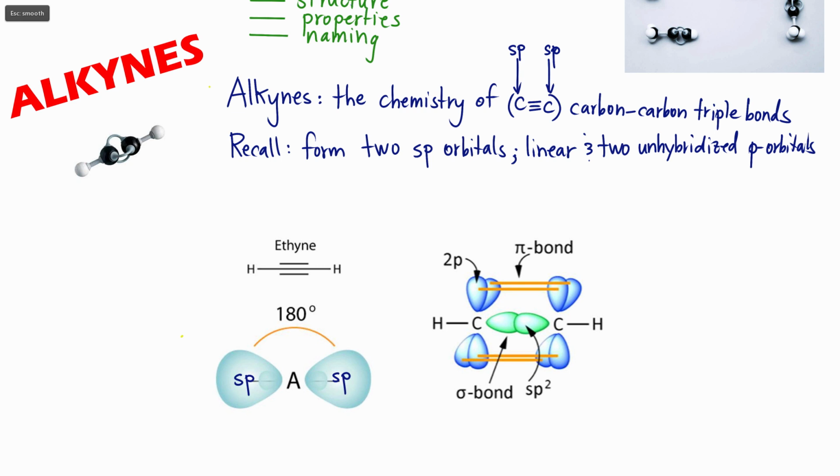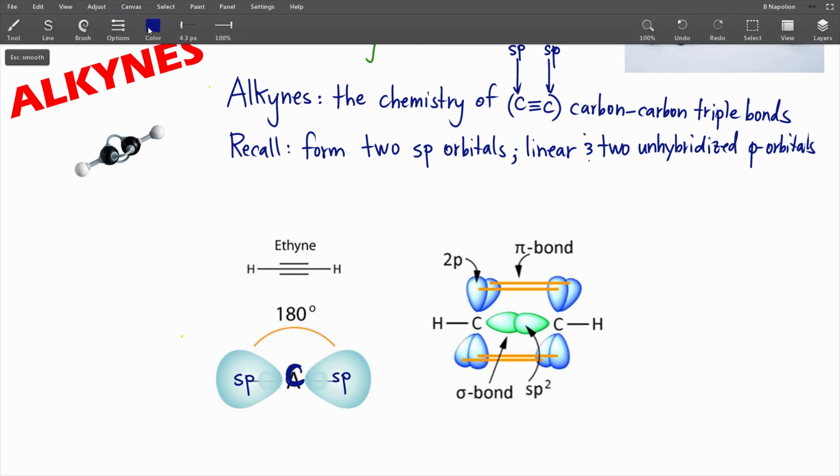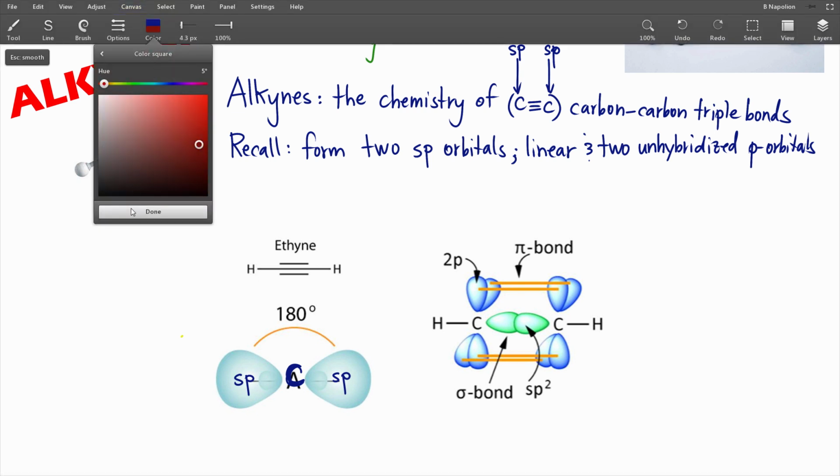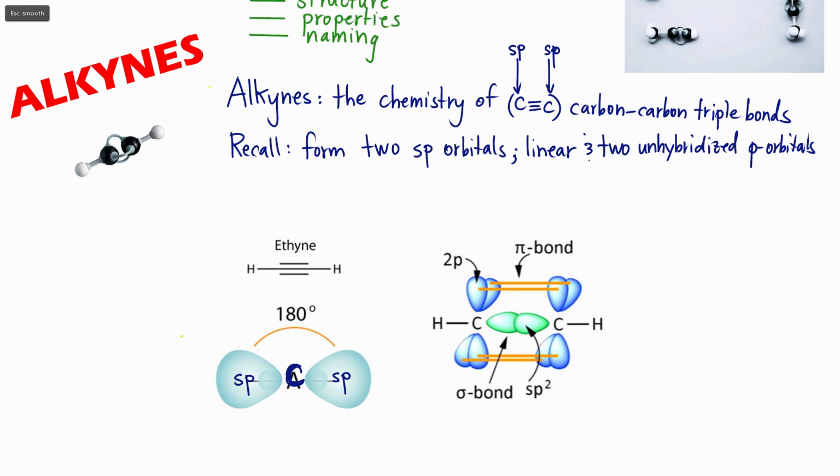We're just going to make that carbon. So that is that linear sp molecular orbital. Now, the unhybridized p orbitals are here.